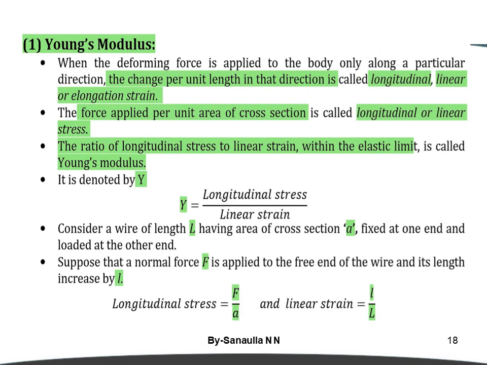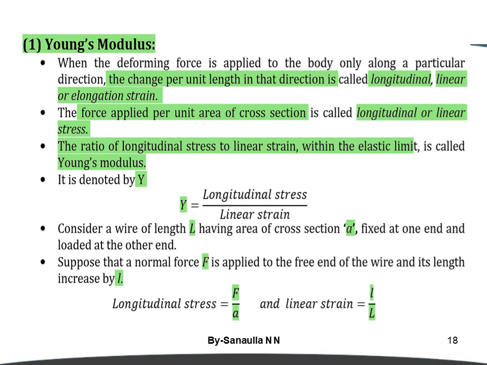Young's modulus, what is it? When the deforming force is applied to the body only along a particular direction, the change per unit length in that direction is called longitudinal or linear or elongation strain. The force applied per unit area of cross section is called longitudinal or linear stress.